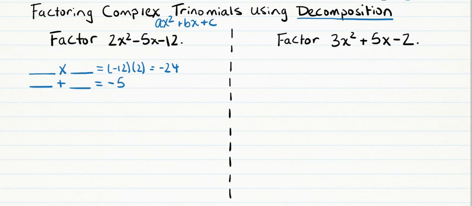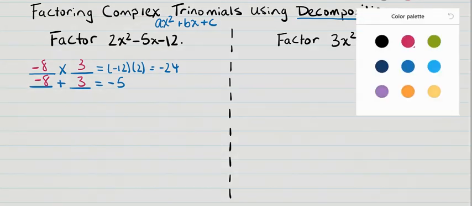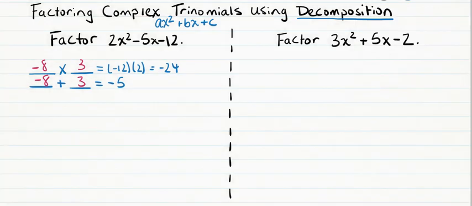Okay? So in this case, those two numbers are negative 8 and 3. Negative 8 times 3 is negative 24, and negative 8 plus 3 is negative 5. So we're going to use these two numbers, negative 8 and 3, in order to break up this middle term of negative 5x. That's where the decomposition method comes in. Decompose or decomposition means to break something up.